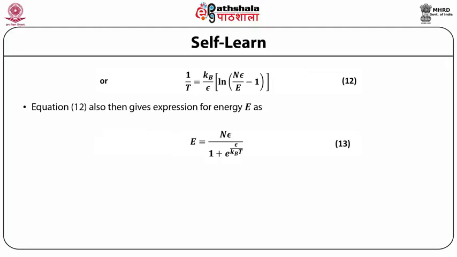Equation 12 also then gives an expression for energy E as E equal to N epsilon divided by 1 plus e raised to the power epsilon by kBT. This effectively means n1 is equal to the total number of particles divided by 1 plus e raised to the power epsilon by kBT.